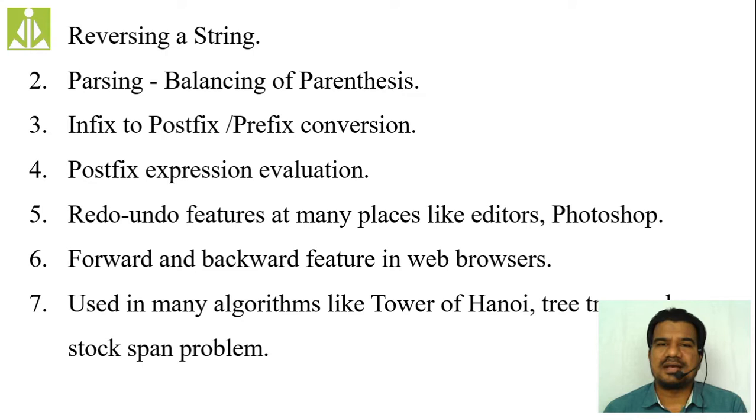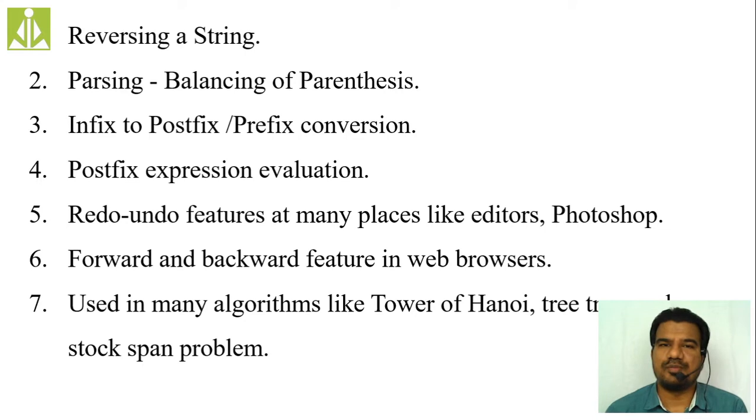Whereas in an array, you can access any location simply with the help of an index. You can push the data, pop the data, that is, insert data into an array and remove elements from an array. Whatever operations you want to perform, you can perform anywhere. There is no specification that you have to perform these operations at a particular location only. But in a stack, you can perform all the operations only at the top of the stack.